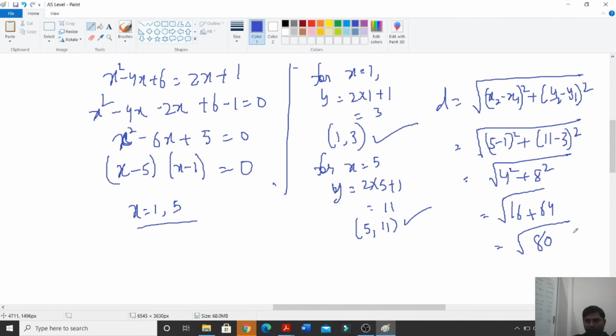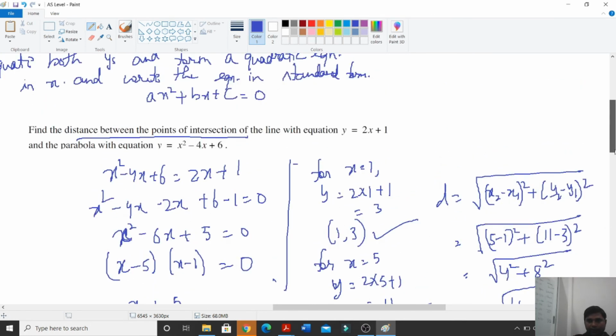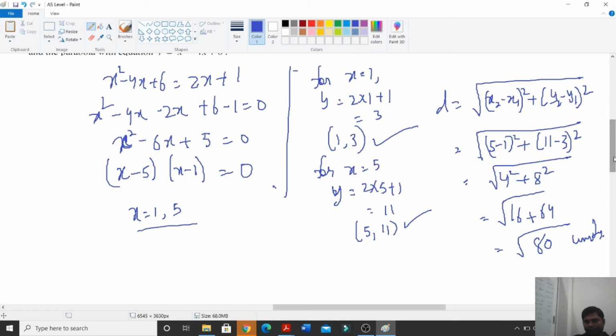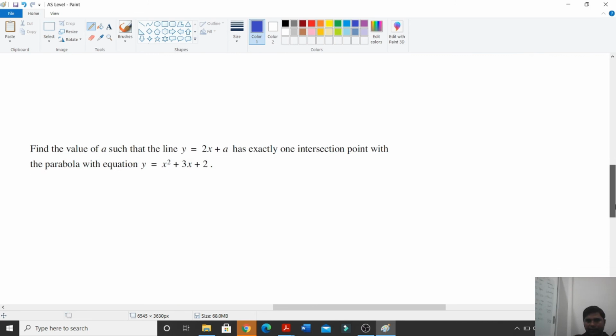Root 80 units. You can leave it like this, or simplify it further, or write it in 3 significant figures, but root 80 is also fine.